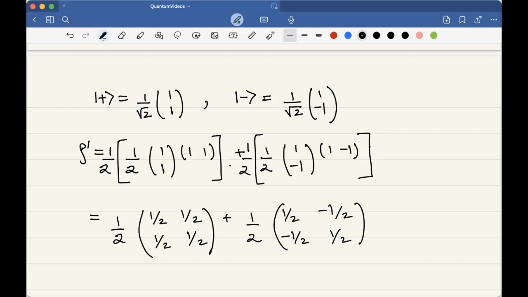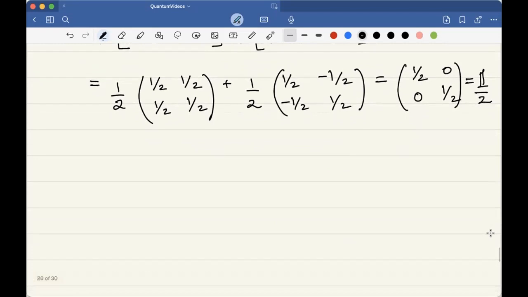Again, this leads to [[half, 0], [0, half]], which is equal to identity over 2. So you see that two different ensembles, the ket 0, ket 1 ensemble and the plus minus ensemble, each with probability 1 over 2, lead to the same density matrix.